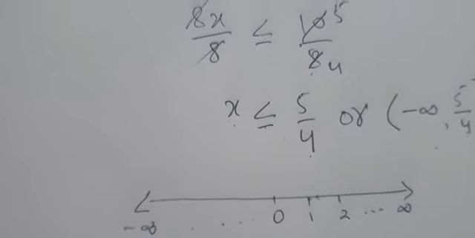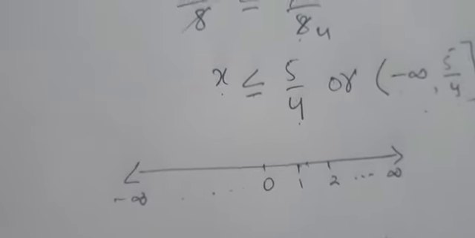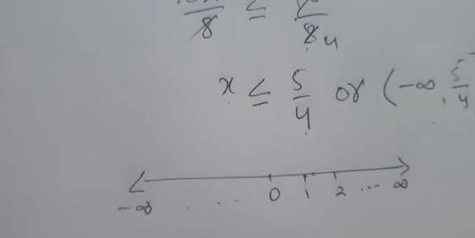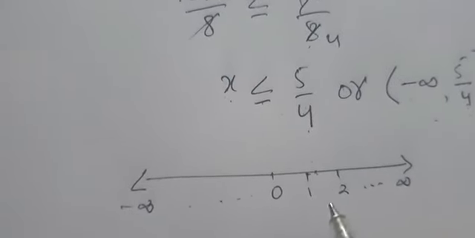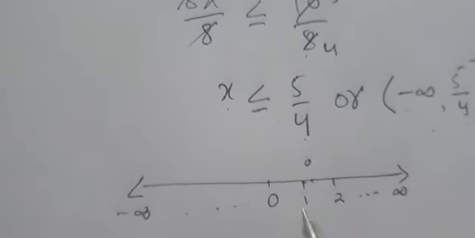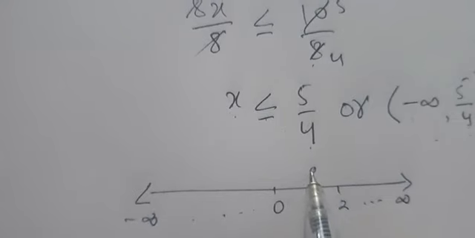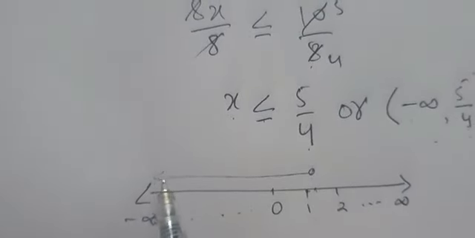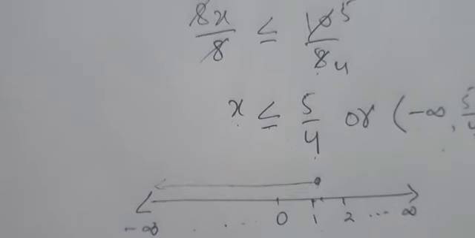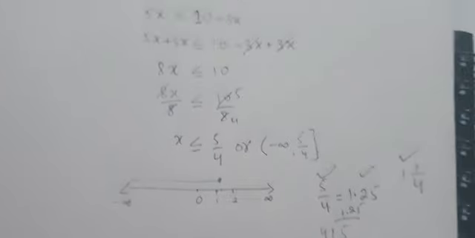Because this is a plain paper and we don't have the grid points over here, we cannot show the grid here, but approximately we can take that 1.25 will be somewhere here. So here you can draw a little bit to the right side of the number 1. So that would be the solution of that inequality, and we will fill up this circle. So this is the solution of that inequality.